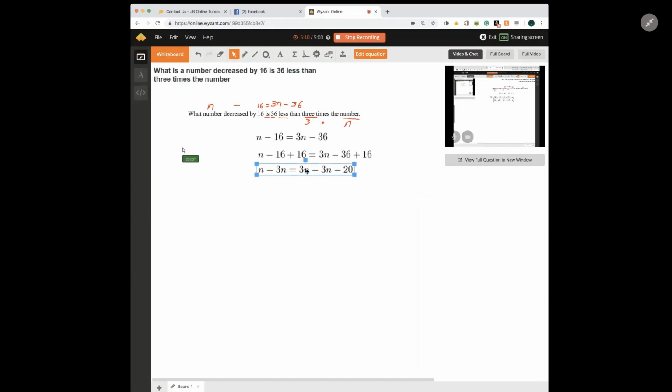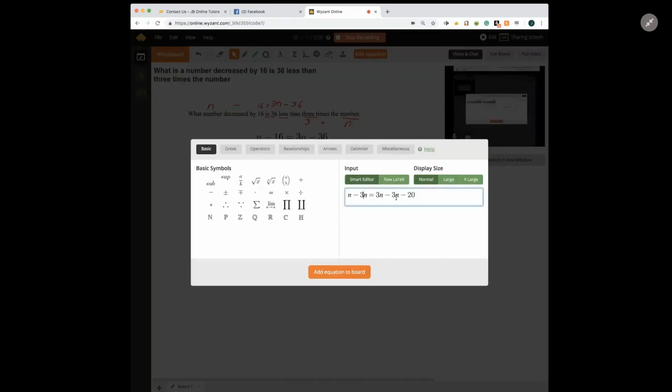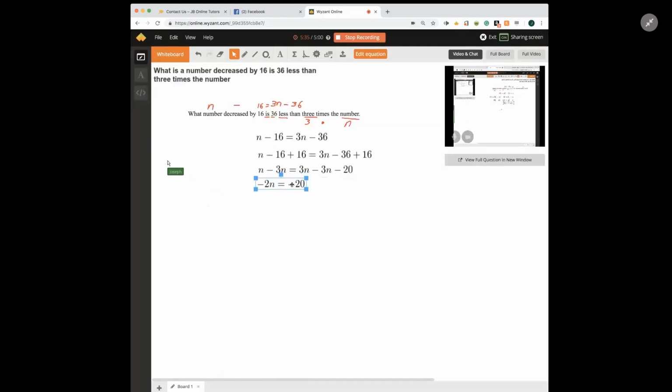And so we can continue to work on simplifying our problem. Once again, on the right-hand side, things simplify. We're left with just the constant. And on the left-hand side, we can simplify these two. We got 1 in the positive direction, 3 in the negative direction, and so we end up with negative 2n. Okay, we're getting somewhere.